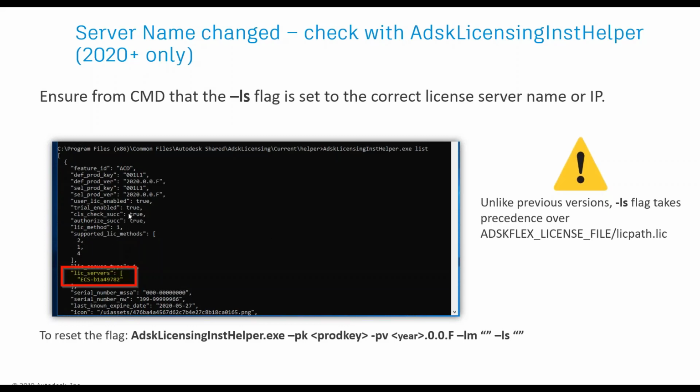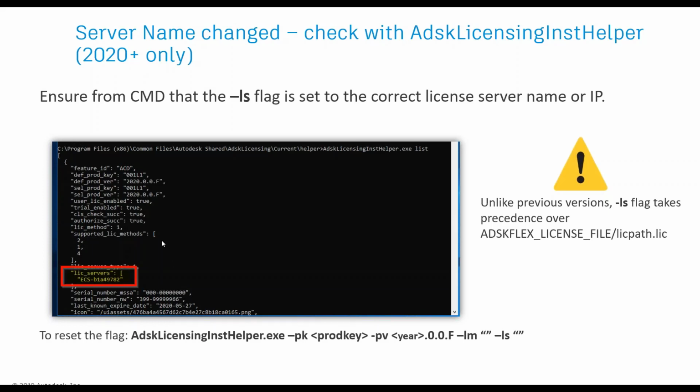If we are to change our server name, for example, you see here there's a server specified, and if we change server, we need to update our client workstation. We need to go in there with the install helper from command line and reset this flag. There is a specific syntax to do that.